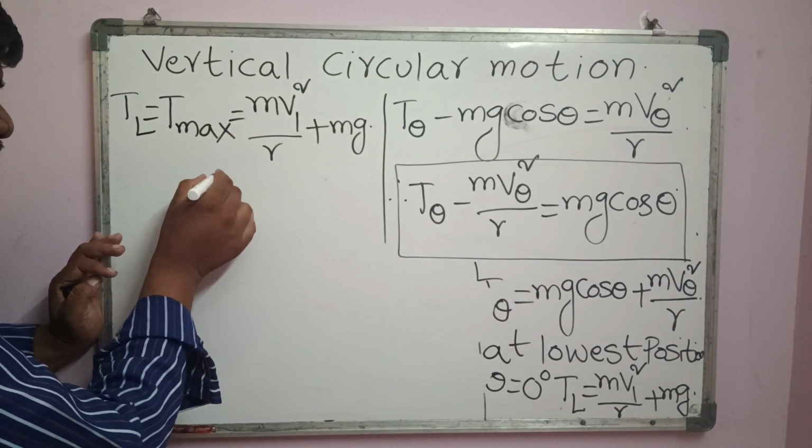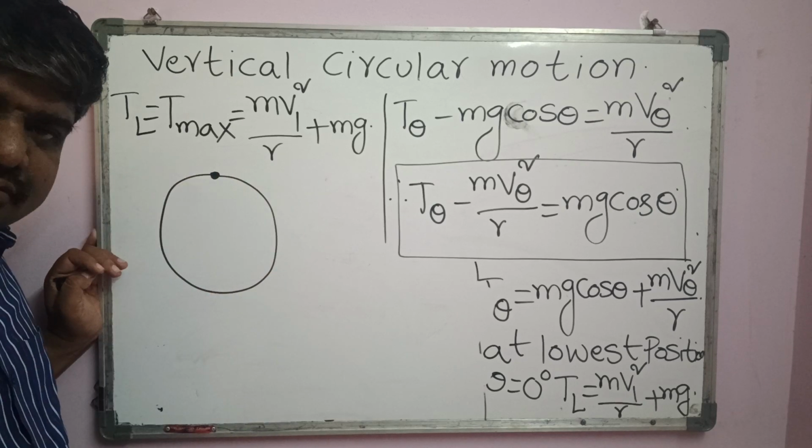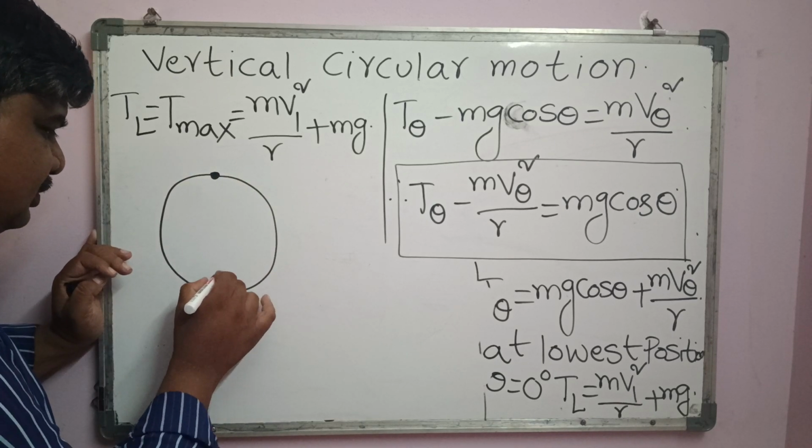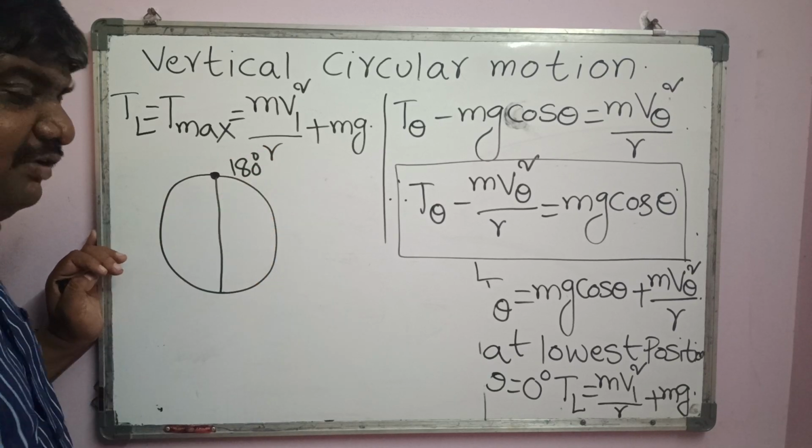If the same body went to the highest position in the circular motion, let us say this point, then from the lowest position to the highest position the angle difference is 180 degrees.